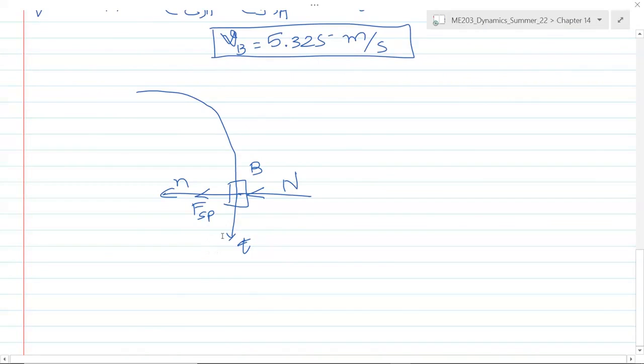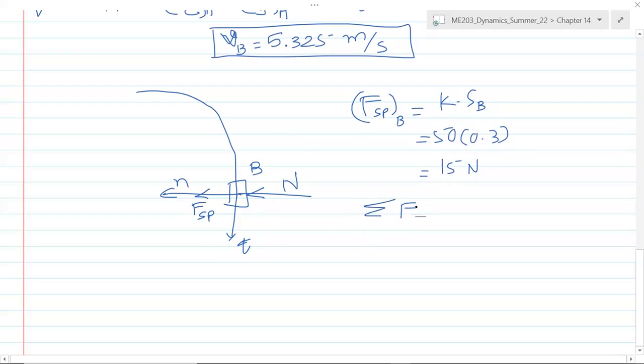Okay. And then we can apply the equations. We can calculate this spring force first. F spring at B is equal to K times SB, which is 50 times 0.3, which is 15 newtons. And then we can apply the equations of motion, sum of forces along the normal direction, which is this axis, equal to mass times normal acceleration at B, which is mass times vB square divided by the radius of curvature.